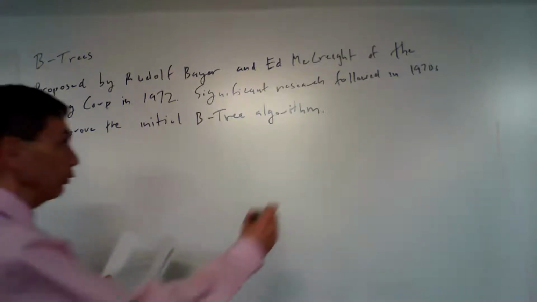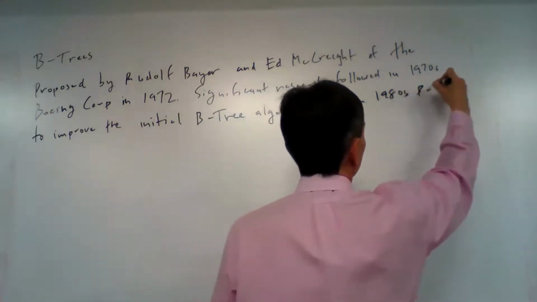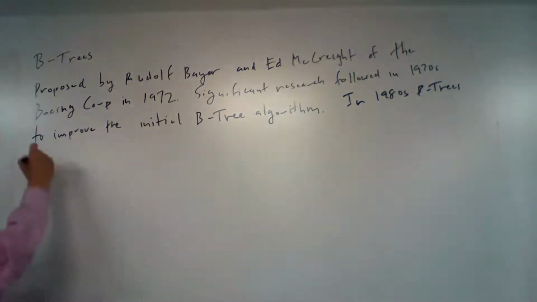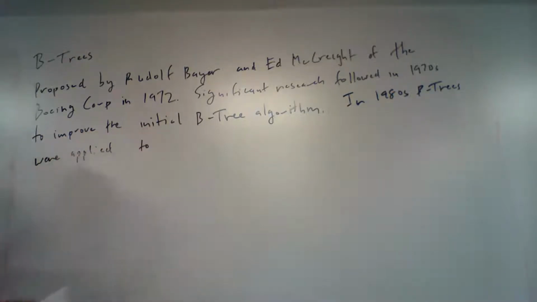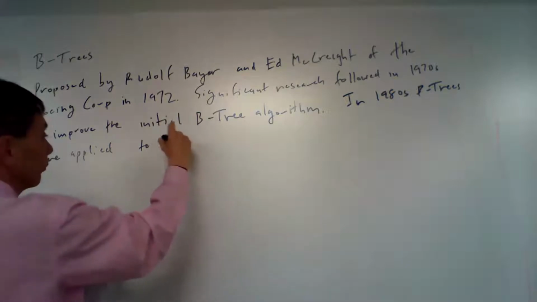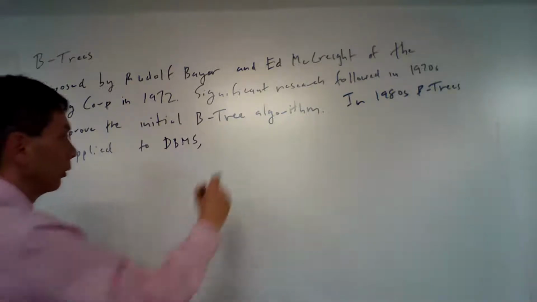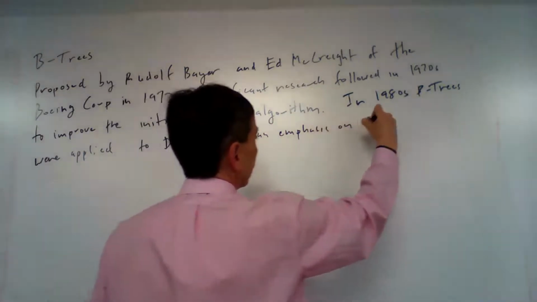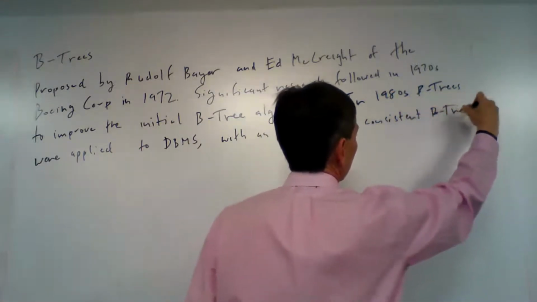Okay. So in the 1980s, B-trees were applied to DBMS, database management systems, relational database management systems at this point in time, with an emphasis on consistent B-tree access patterns.